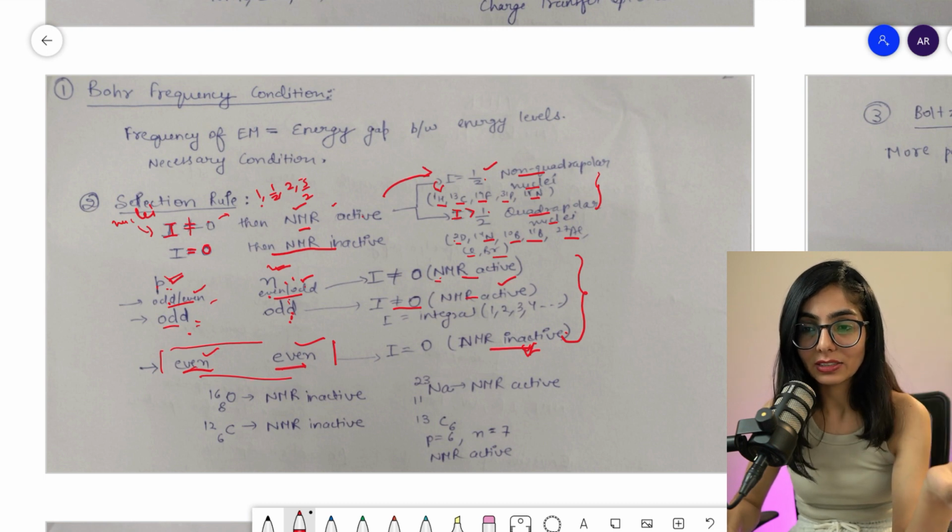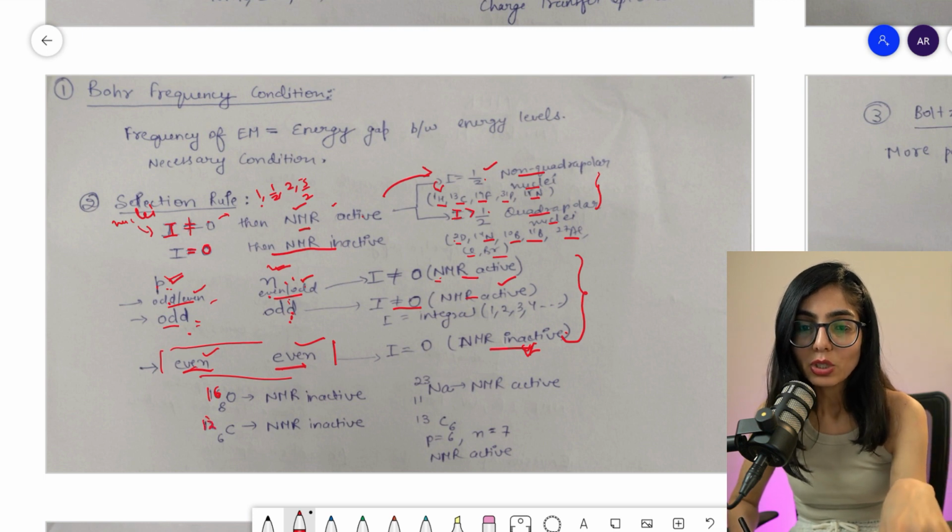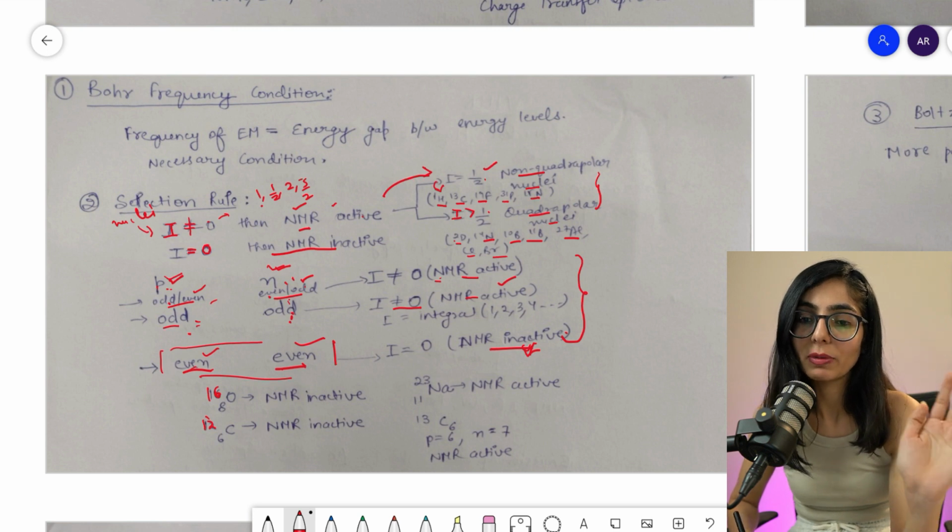Another shortcut is there. Suppose the atomic mass, the molecular weight, is given. If we divide it by 4 and it is divisible by 4, then it will be NMR inactive.